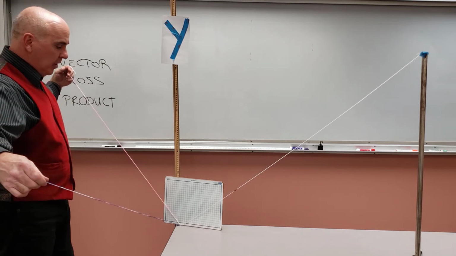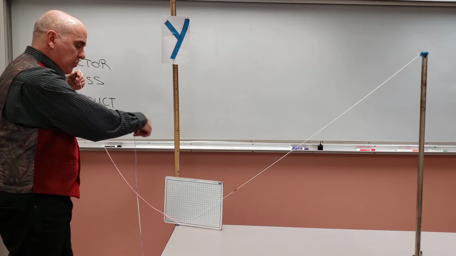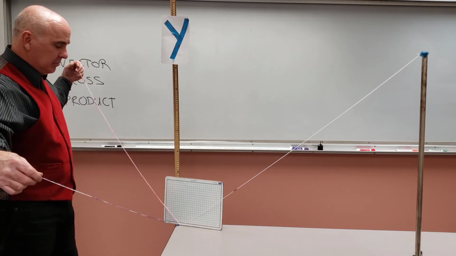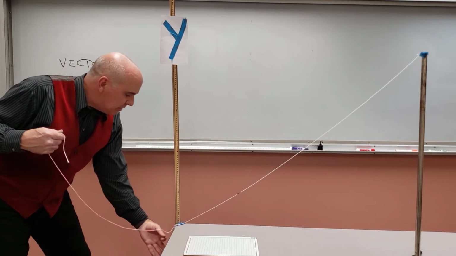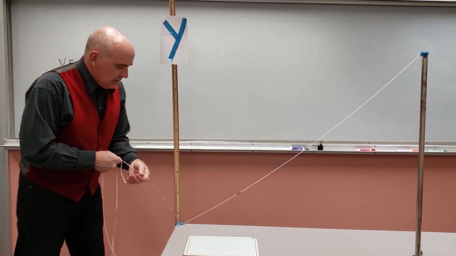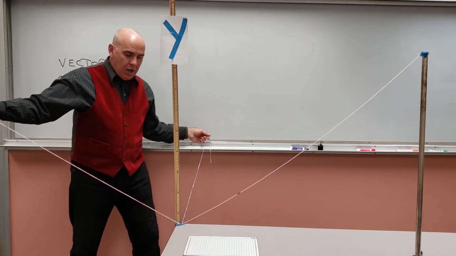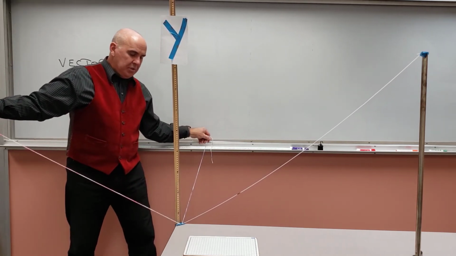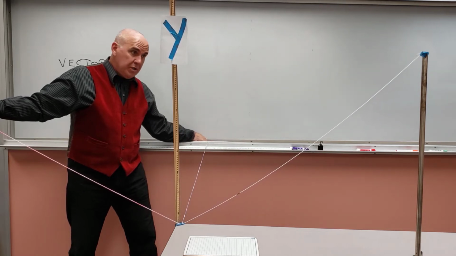So it would be pointing 180 degrees opposite of this purple string, so somewhere on the back side, which I'm not going to show you because it would be in the way. Actually, I could. So let me just move it. It's going to be pointing this way. So R cross W points back away from the camera towards the board, right?